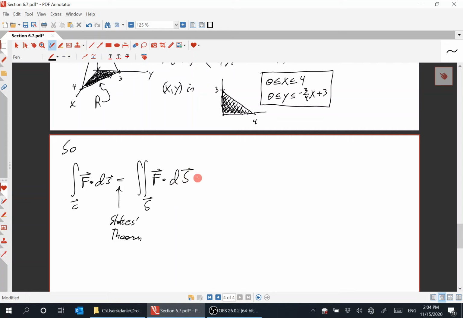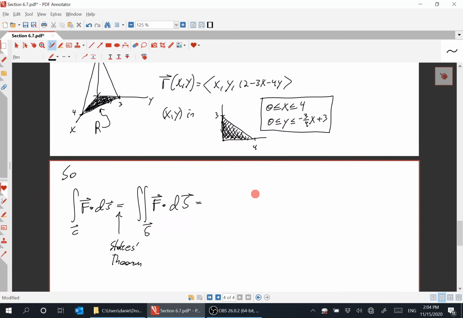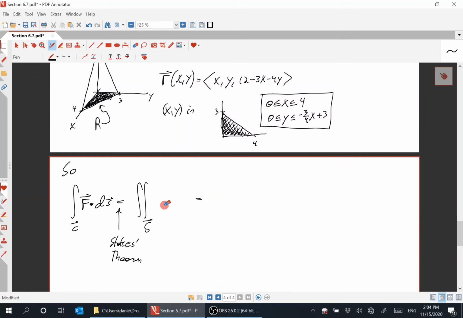Well, not f, the curl of f, sorry. The curl of f dot dS.